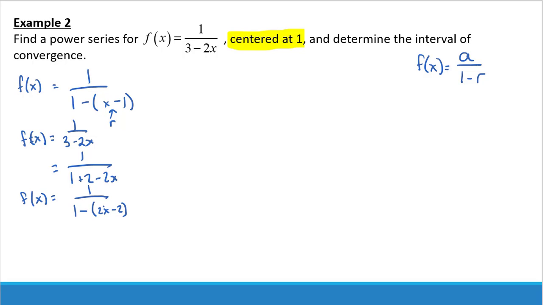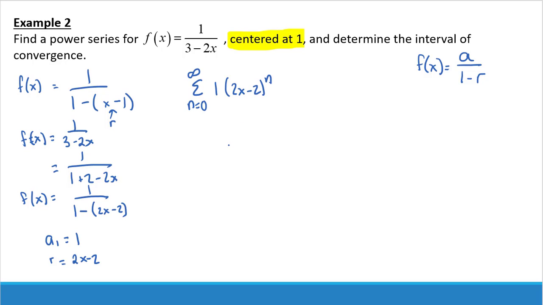So in this case, our a is 1 and our r is 2x minus 2. So my summation formula, because I made this look like a geometric series, is the sum from n equals 0 of 1, my first term, times 2x minus 2 to the nth.